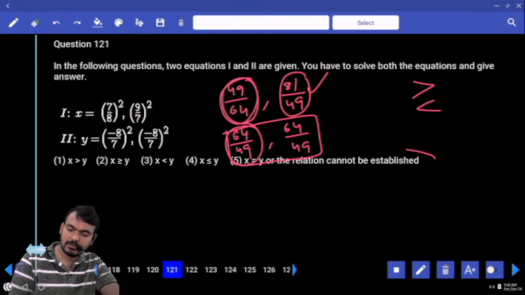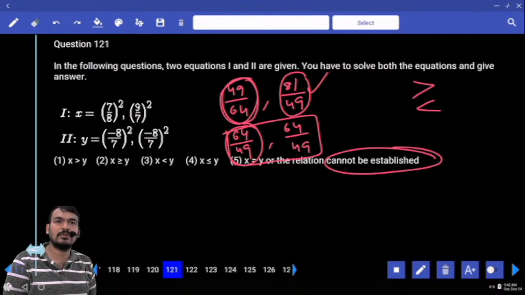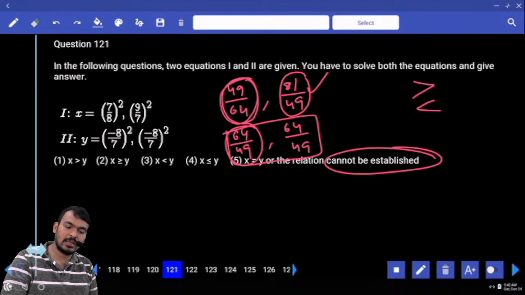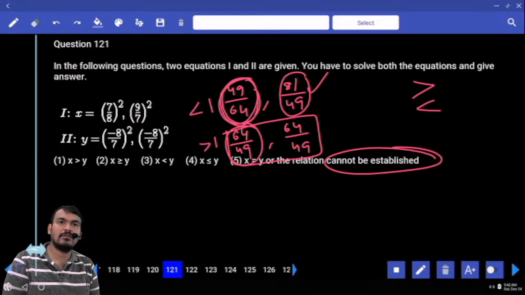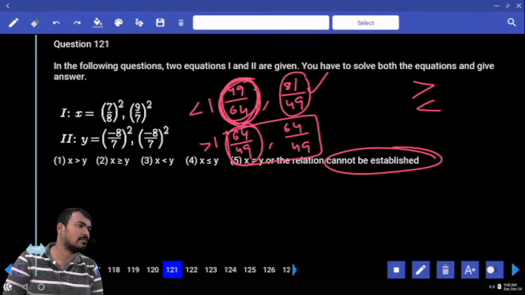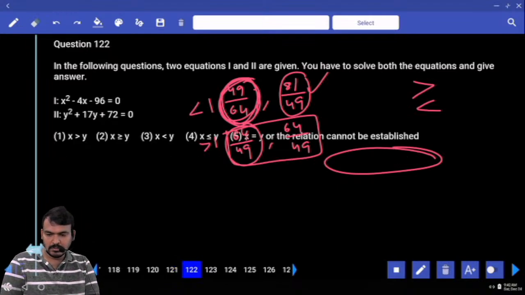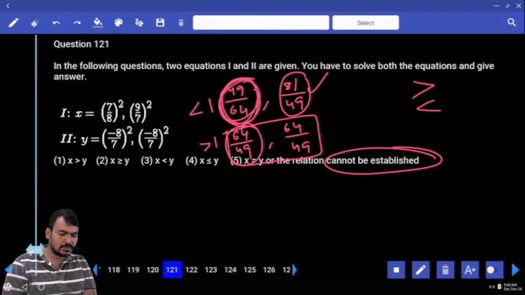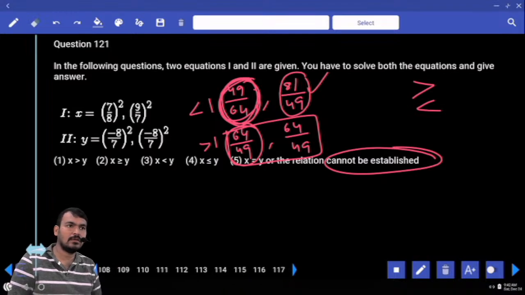What is the relation? Okay. No relation or not? Because 49 by 64 means less than 1 or not? 64 by 49 means greater than 1 or not? Means obviously 49 by 64 is less than the 64 by 49 or not? What is the answer? No relation. Any other questions? Okay. Thank you.